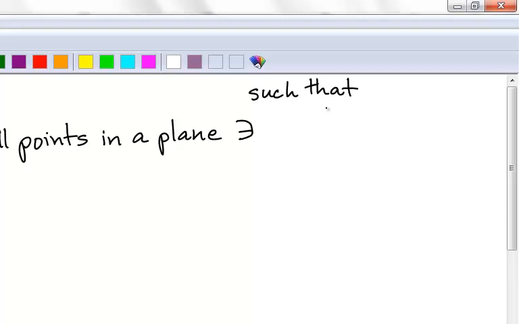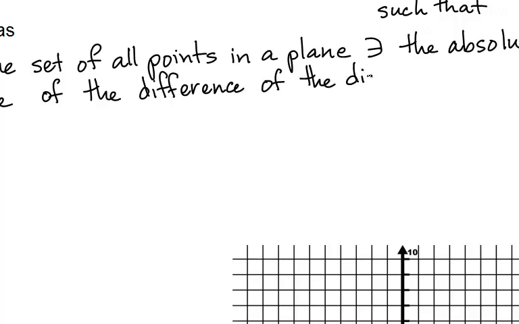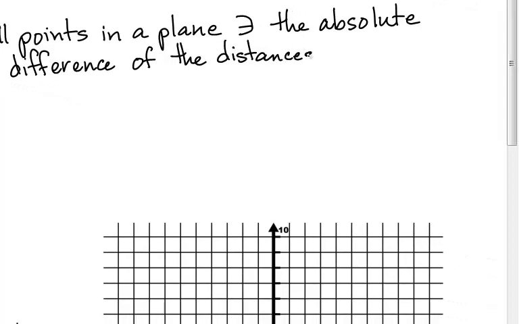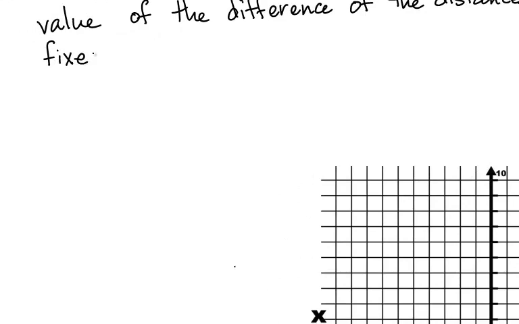They're going to use shortcuts, so it's the set of all points in a plane such that the absolute value of the difference of the distances from two fixed foci is a constant.